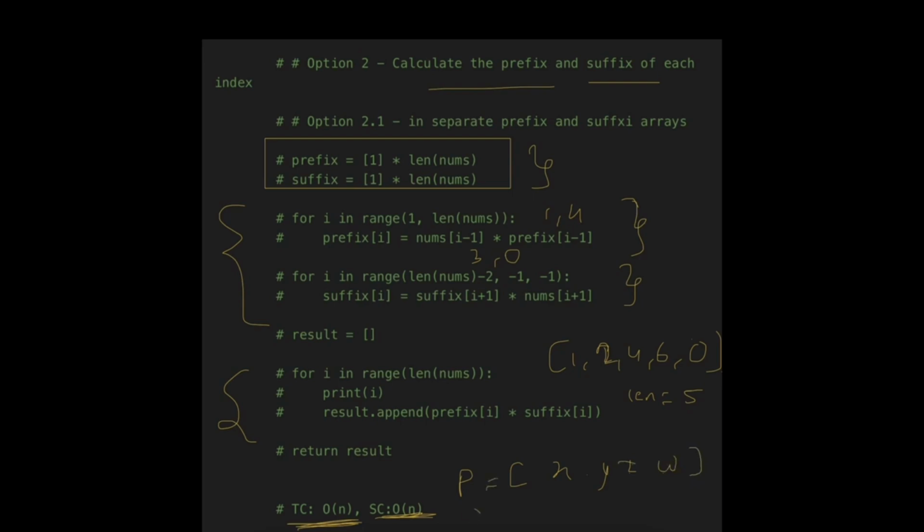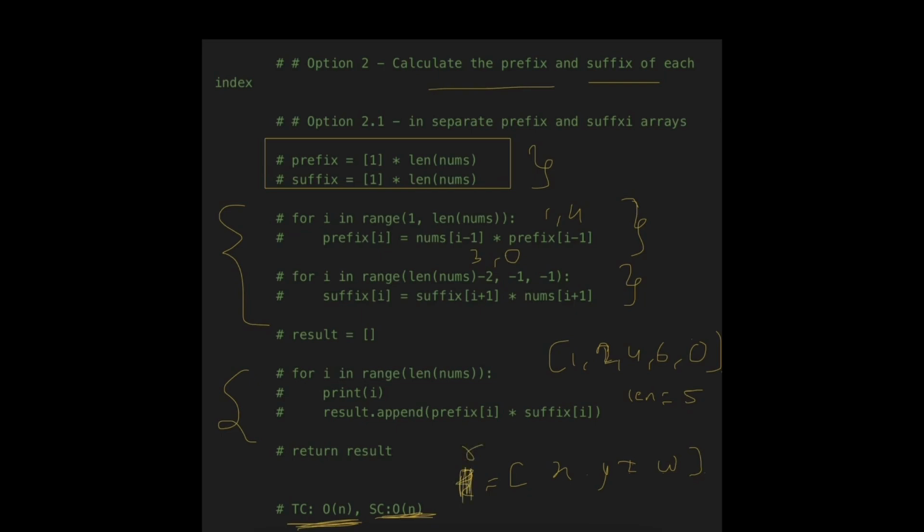And then for the suffix values, we want to add on top of these values and not have to create a new array. And this is to save space so that we don't use this extra space of big O of n to store these intermediate values, and instead we can just use this prefix array as our result array and then return this.